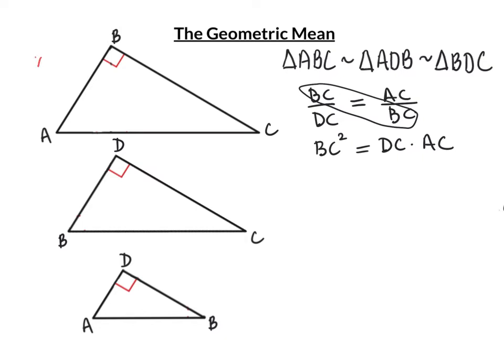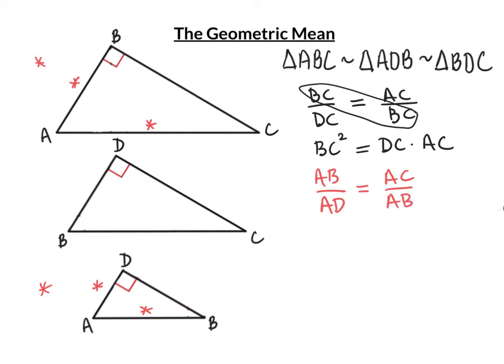Look at the top triangle and the bottom triangle. I can see that AB, which is right here, corresponds to this one, AD, as AC is to the bottom triangle, AB.